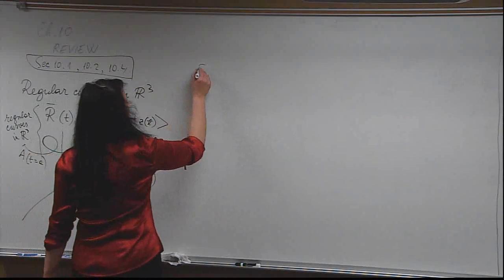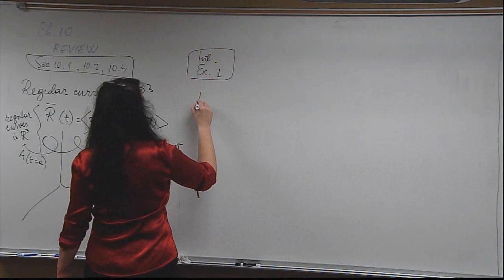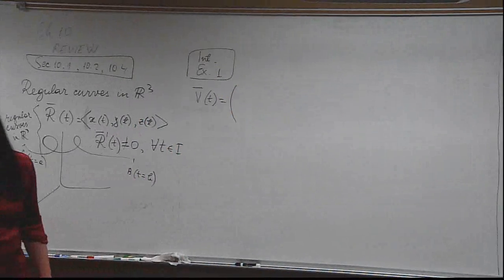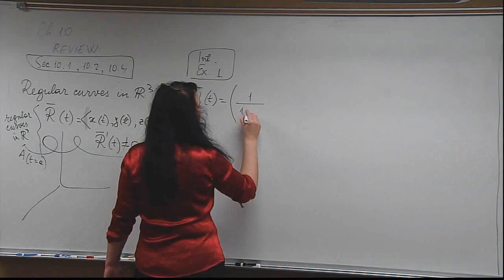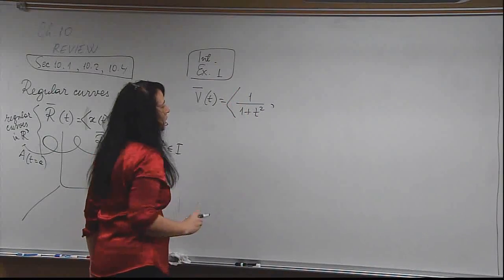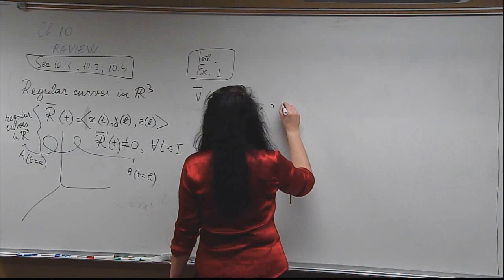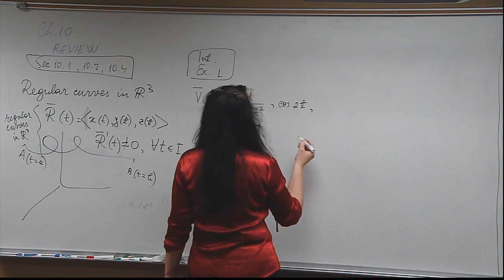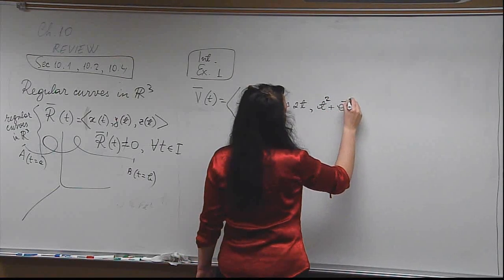So let's see integration example 1. I give you the velocity vector for a certain law of motion that I don't know. I just know the velocity vector as being angular bracket 1 over 1 plus t squared, comma, cosine of 2t, comma, t squared plus e to the minus t.